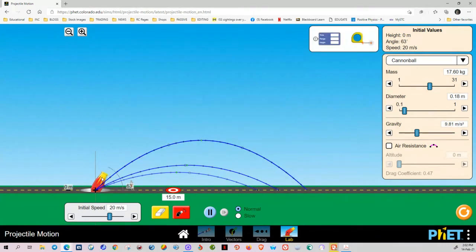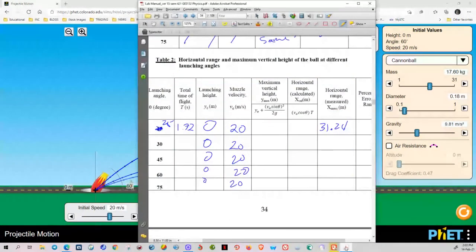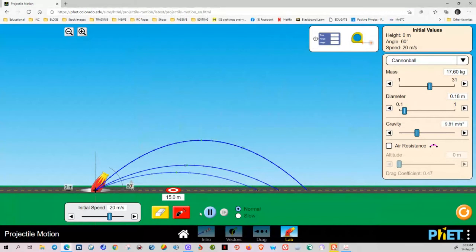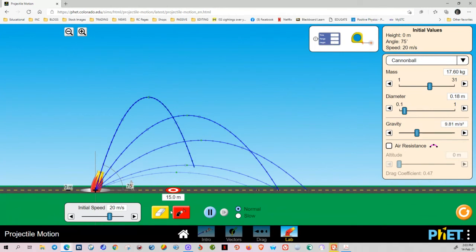Okay, what's the next one? 60 degrees. I think it's 60. Let's look at the table. Yes, 60 degrees. Fire and measure. And finally, 75 degrees. Fire and measure. And do all the calculations.